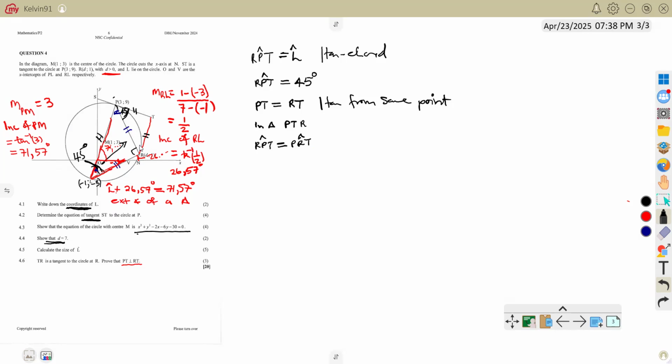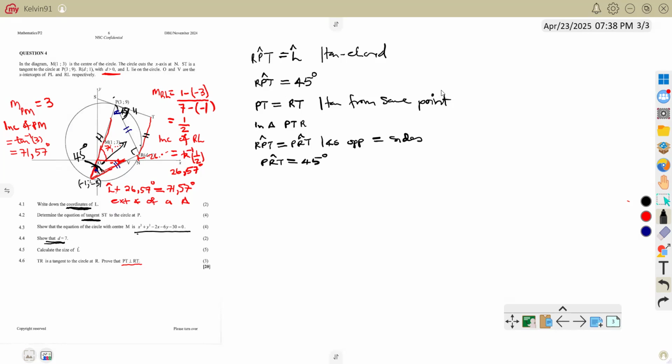Because these are angles opposite equal sides. But we have proven earlier on that RPT is equal to 45 degrees. So we can conclude that PRT here is equal to 45 degrees.